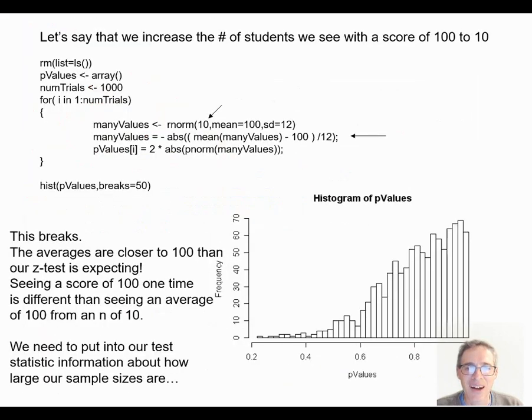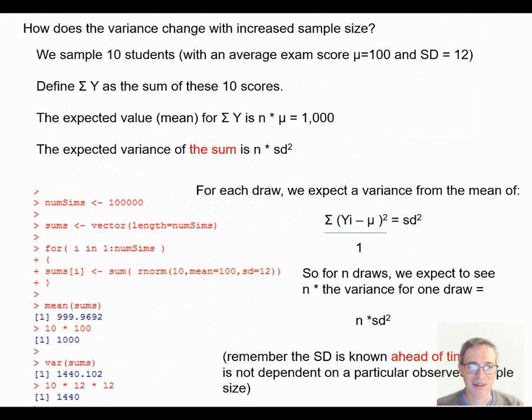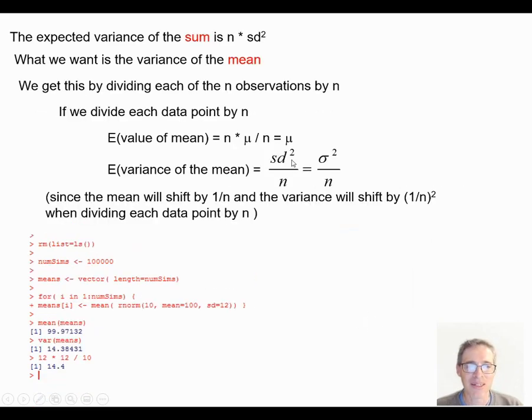So for the sum, I was expecting the variance to be n times SD squared. To get to the mean, I divide by n, right? And so dividing by n will change this by 1 over n squared. So the expected variance becomes SD squared over n. Right? And so that proves that analytically. So the expected value of the mean is just the mean.